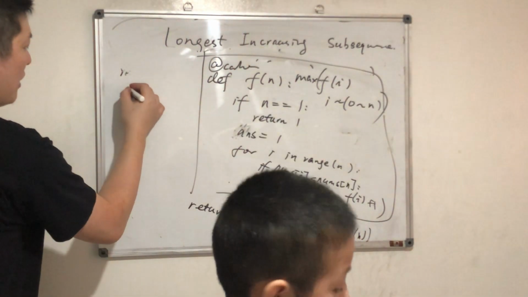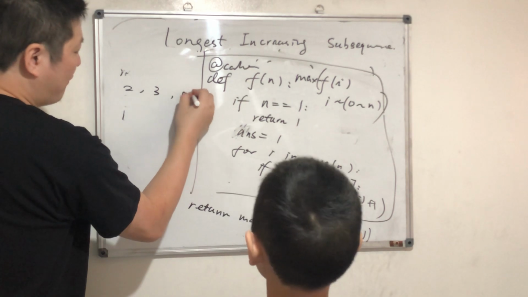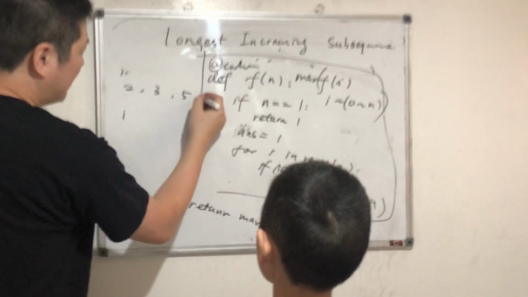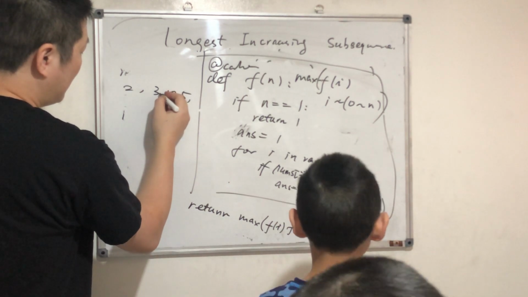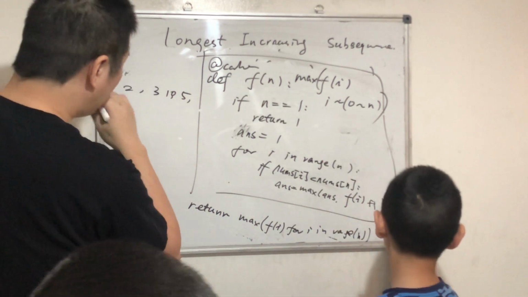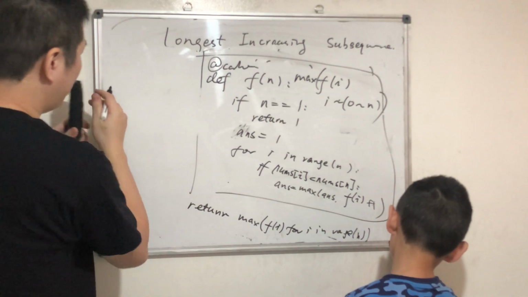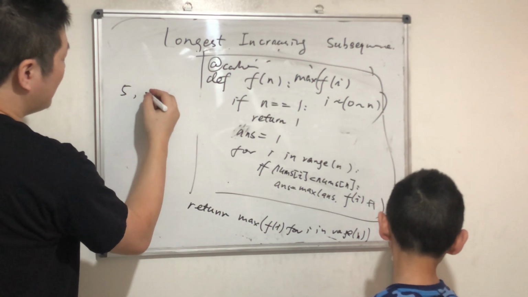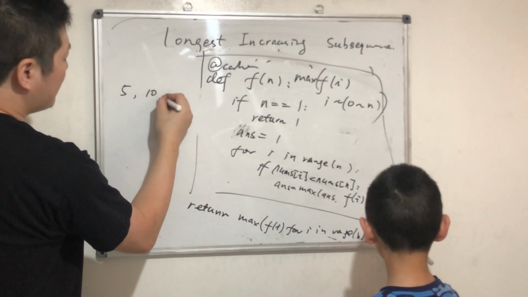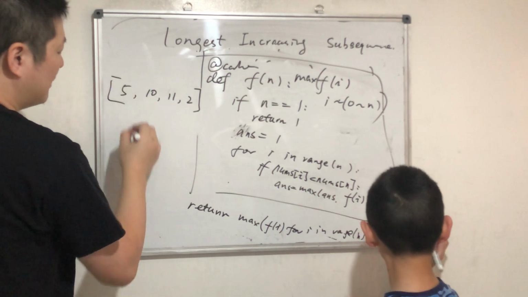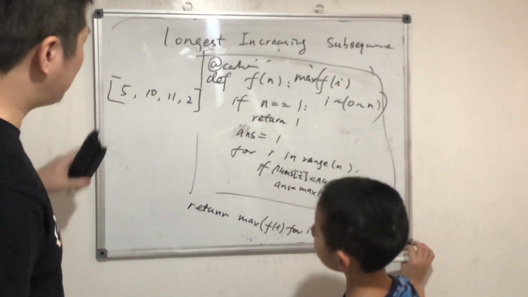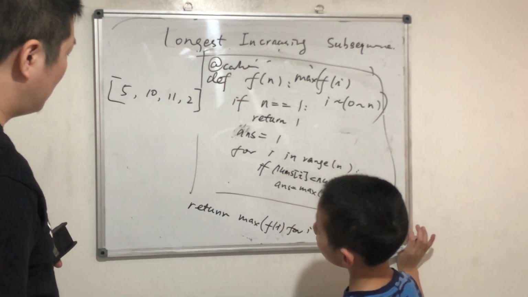Alright, look: 2, 3, 4, 5, and then let's say 10. How can we do the last element? 5, 9, 10, 11, 2. What's the longest subsequence? 5, 10, you can think of.